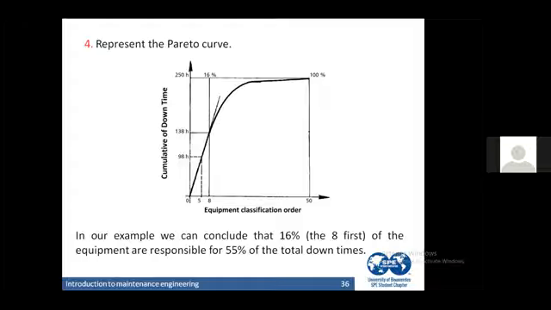So we must act on these 8 equipments. This is how we can define and classify the priority equipments in our case.